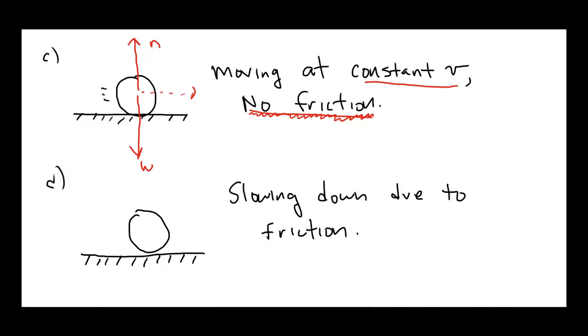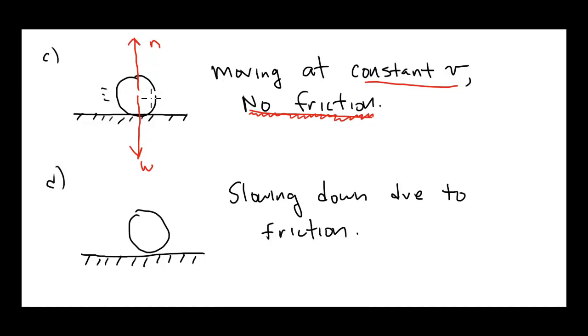In other words, in this particular case, I have to get rid of this force here. Since there's no friction, let's see if I can erase that properly. There we go. Since there's no friction, then there's no forward force necessary.